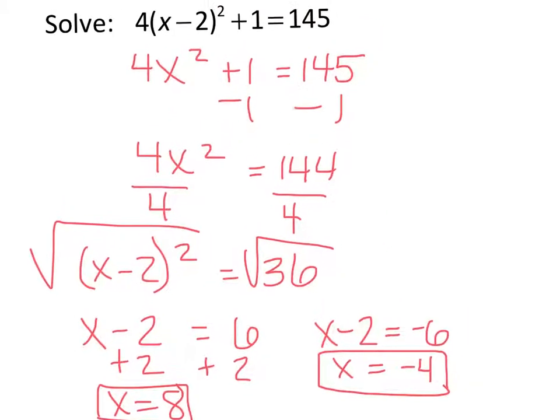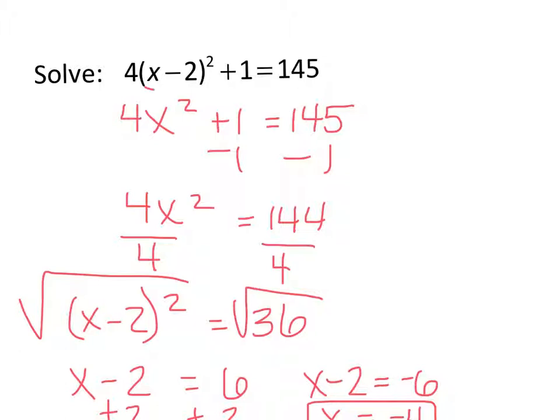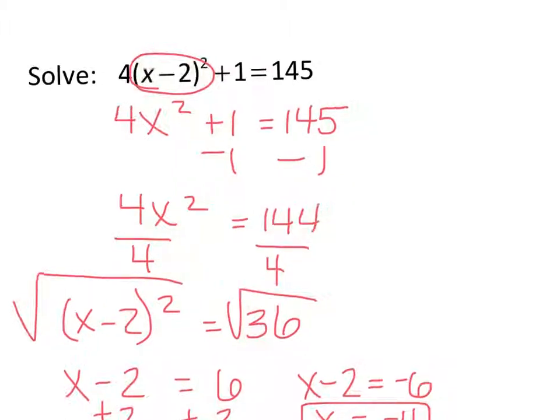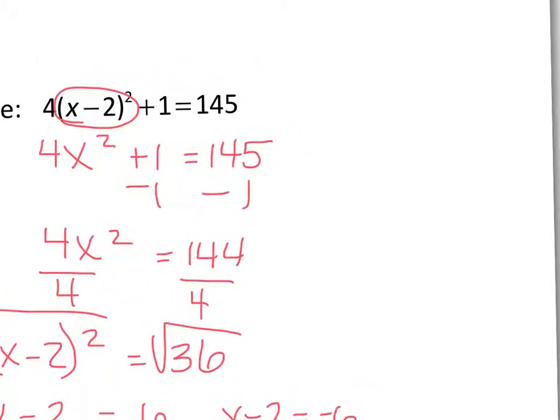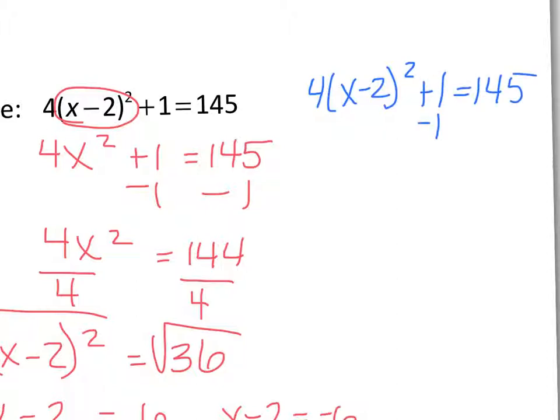Now, you don't have to change this term here every time to x squared and then put it back in. You can solve just like you normally would. So I'll take you through that real quick off to the side here in blue. So if you don't want to know, go ahead and fast forward through this. So 4 times x minus 2 squared plus 1 equals 145. So again, I'm going to subtract 1 from both sides.